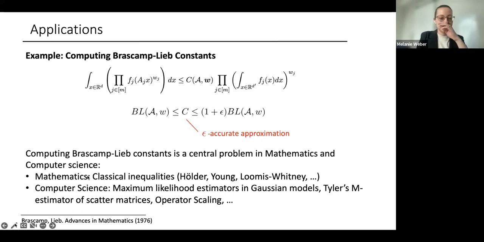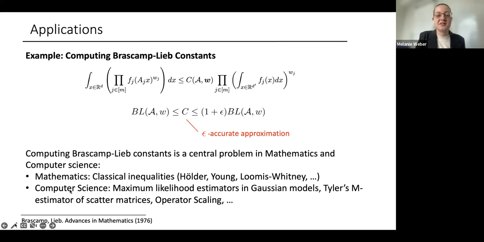In mathematics, there are a lot of important inequalities that can be seen as special instances of Brascamp-Lieb inequalities for specific input data and constants. Those are the parameters that characterize the specific inequality.